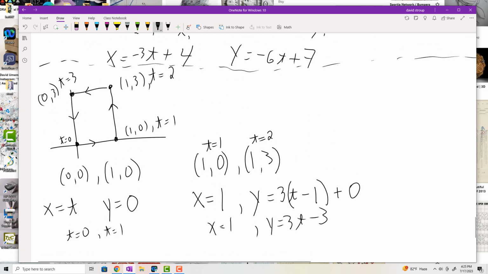Okay, so carrying on, t equals 2 to t equals 3, right? Now I have the point (1, 3) and I want to go to the point (0, 3). In this case, the x slope is 0 minus 1, so I'm going minus t, and then plus the initial starting position, 1.